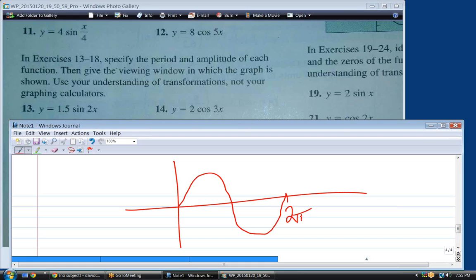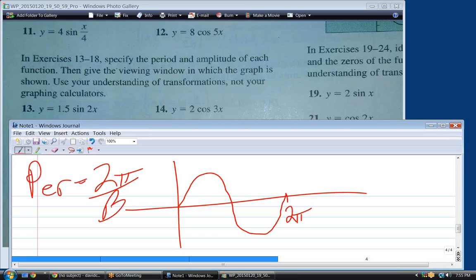In other words, the natural period of your sine function is 2 pi. So the effect of this 2 makes the period what? That'll halve it, so it'll go to pi. Yes. Remember that the period is equal to 2 pi over b.